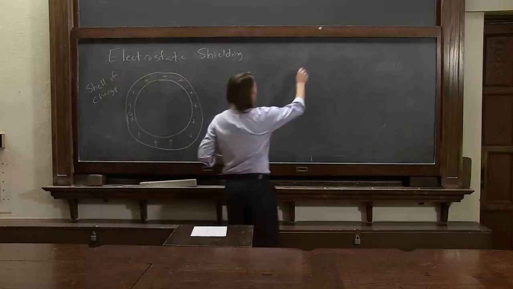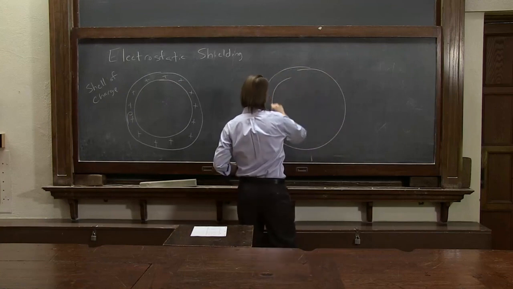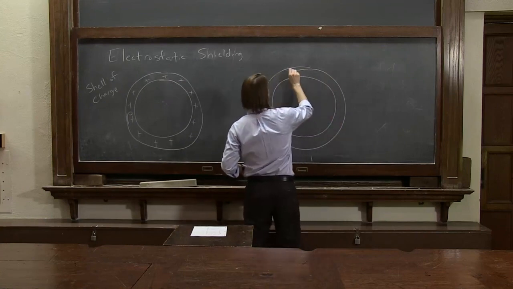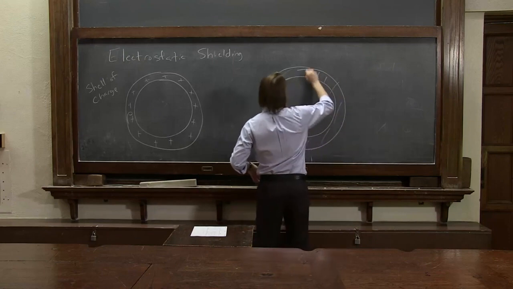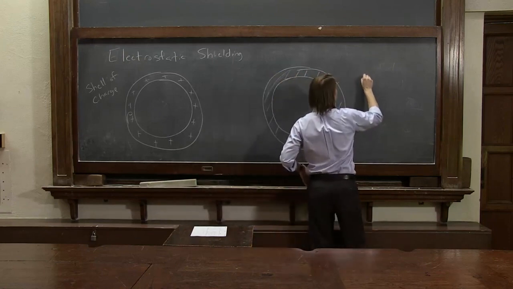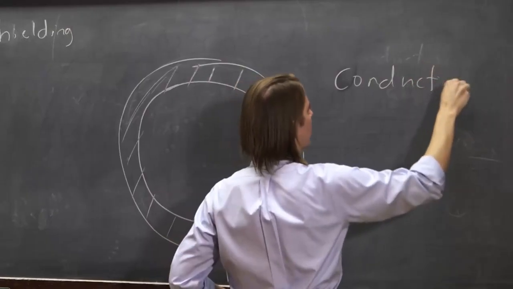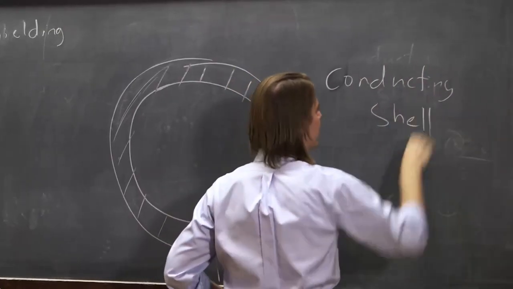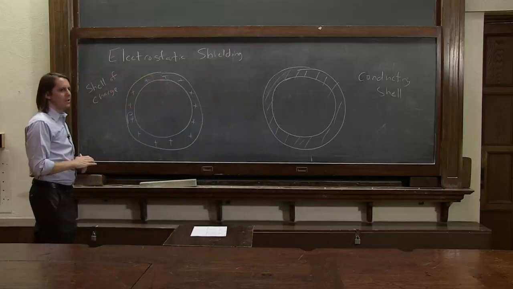You could also think about a metallic shell. All right, so I'll hatch mark that to show that it is a conducting shell. It's probably a metal. It doesn't have to be. So will either of these stop an electric field?